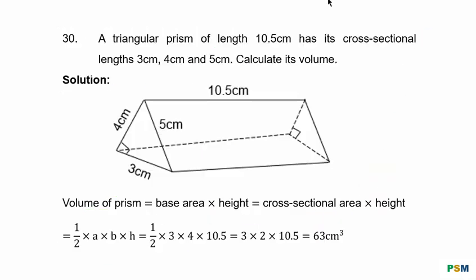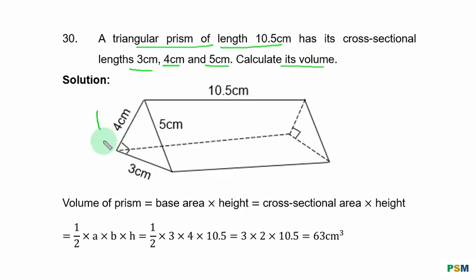Example 30. A triangular prism of length 10.5 cm has its cross-sectional lengths 3 cm, 4 cm, and 5 cm. Calculate its volume. Solution.